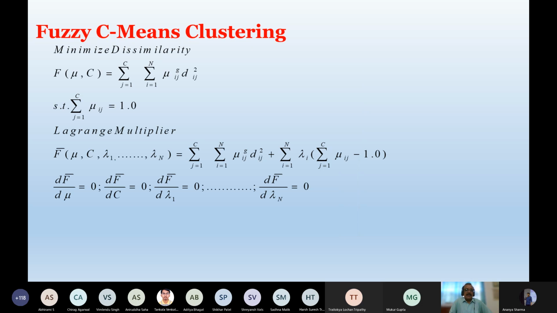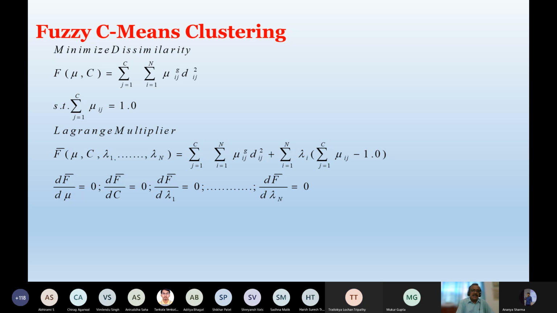Sir, here the mu, the c, the lambda, which are the multipliers, they are independent variables, right? Yes, they are independent. Lambda 1, lambda 2, these are all independent. So we should write the partial derivative, right? No, we are not going to get into the maths of it.